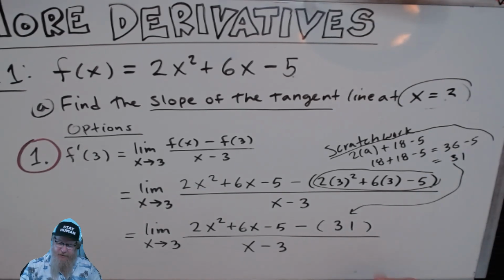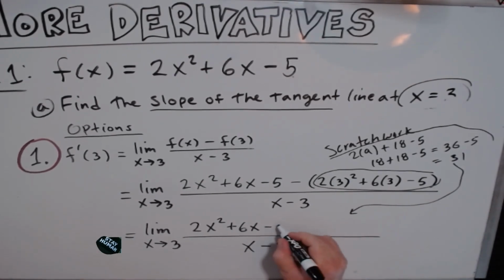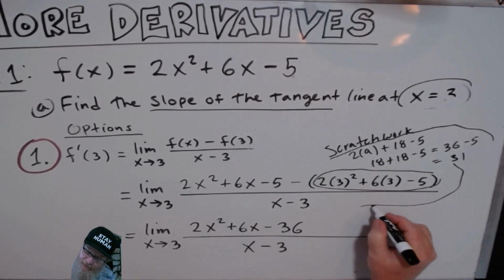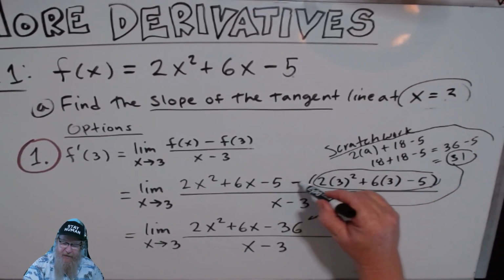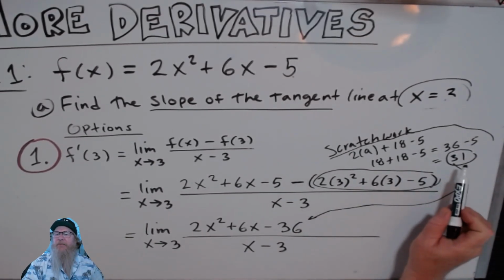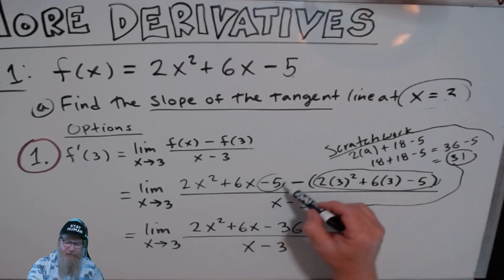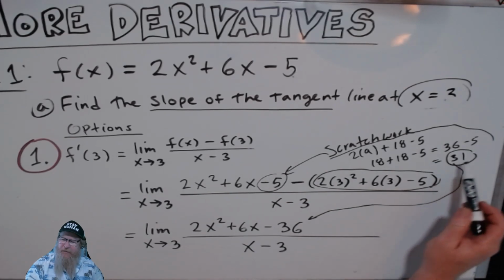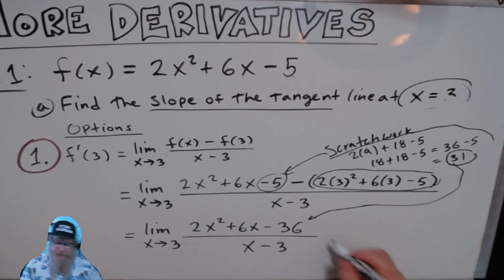I am running out of space here, so that's going to be -36. So I'm combining the -31 and the -5 and getting -36, mainly because I'm about to run out of space here.